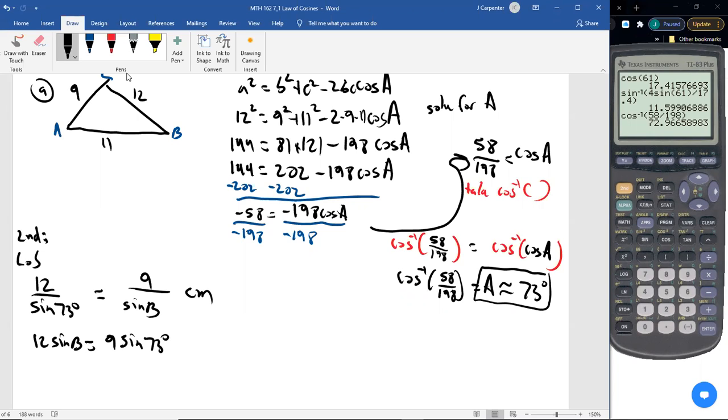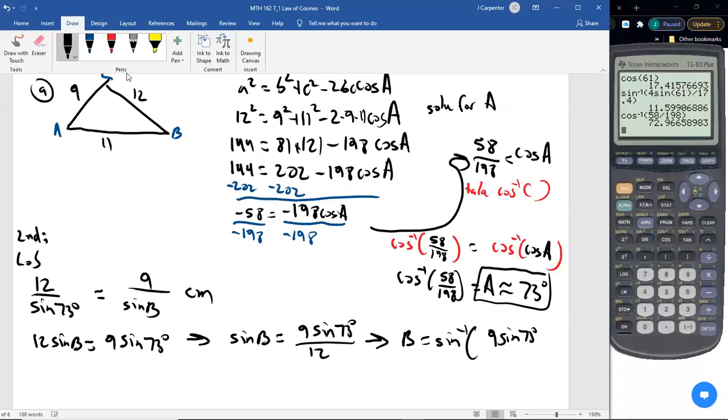I'm going to stop writing all the little details because this is the 50th time we've done it now. So we get that the sine of angle B is 9 sine of 73 degrees over 12. Yes, you can reduce the 9 and 12, but nobody cares. Take the inverse sine of both sides, and you'll get B equals inverse sine of 9 times the sine of 73 degrees over 12.